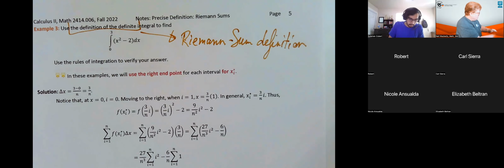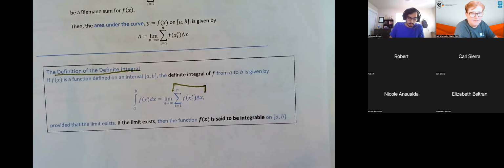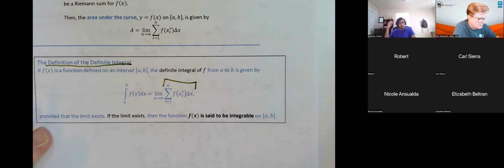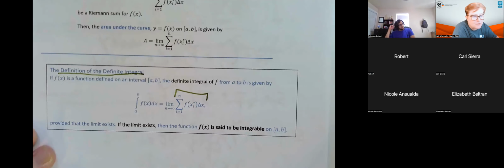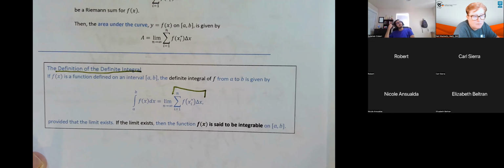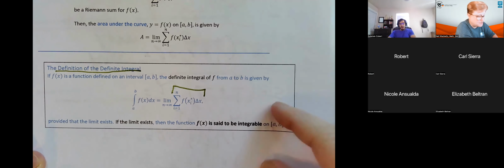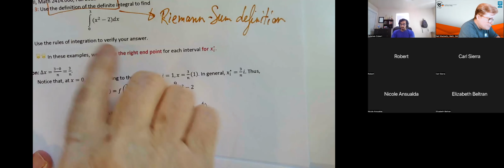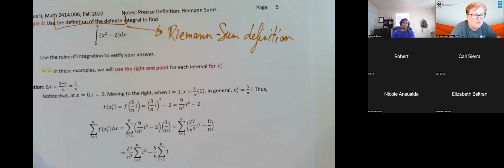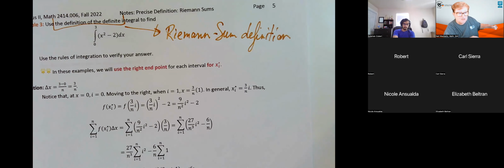That's the definition right here, and that's why I put a box around it, and I didn't leave it in the other definitions. So we're going to remember that's what we mean when we say use the definition. And we want to find the integral from 0 to 3 of x squared minus 2 dx.